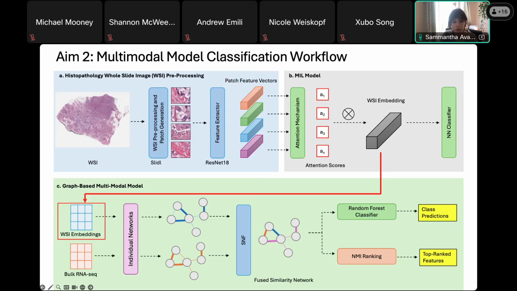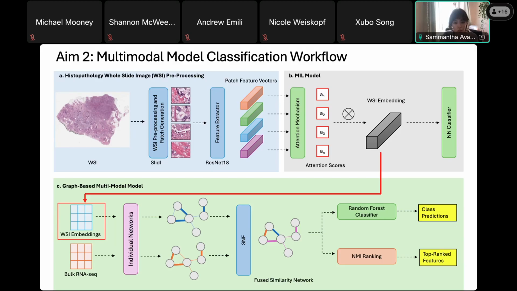And so to increase the accuracy as well as interpretability for our multimodal model, we extracted our whole slide image embedding to serve as our whole slide image features for our multimodal model.